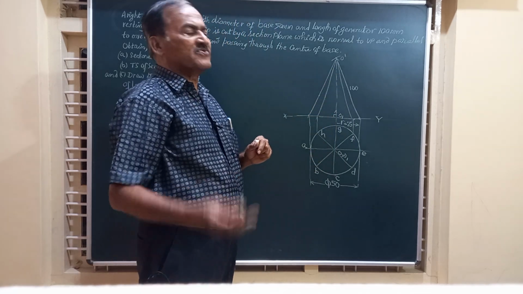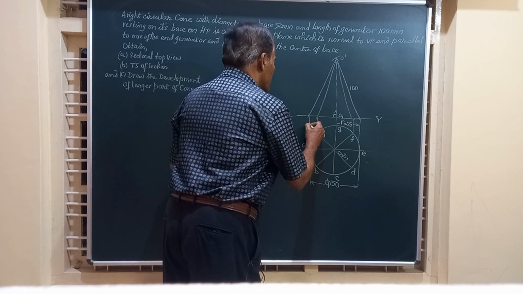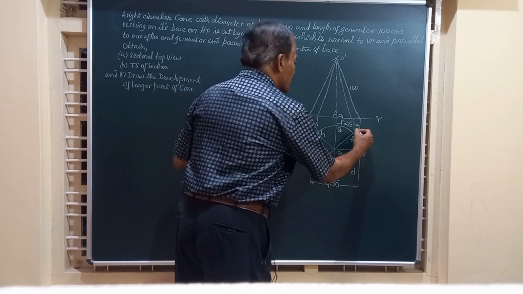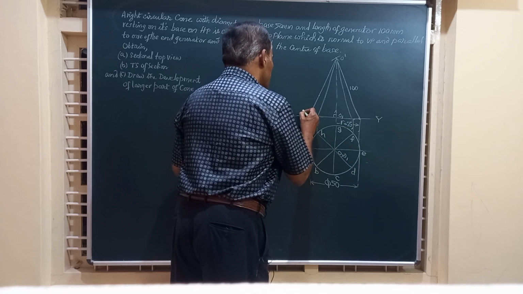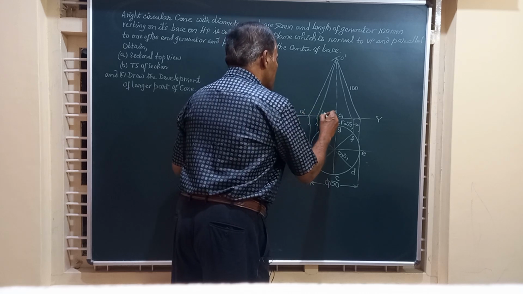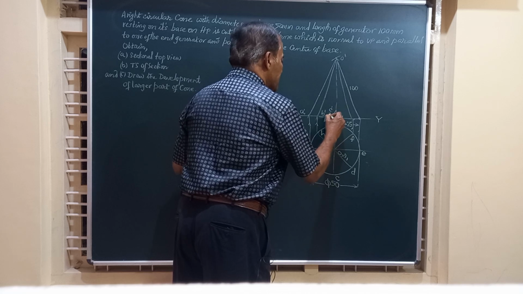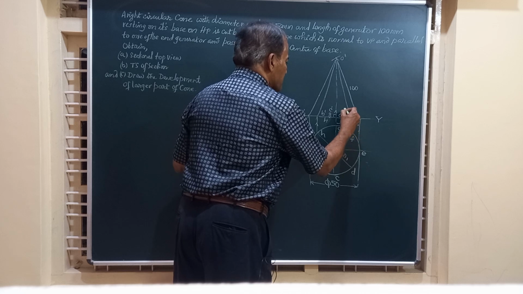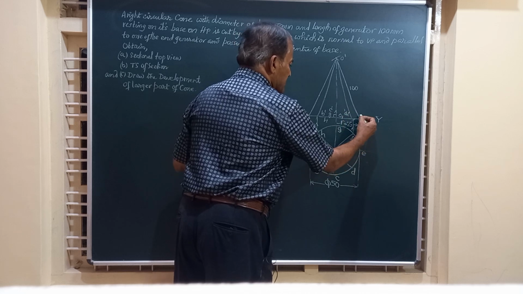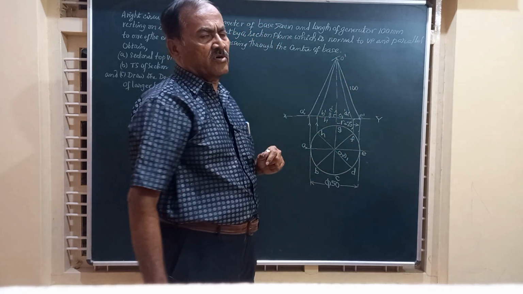Now let us transfer all these points, that is A, B, C, D, etc. to the front view and just mark like this. A is here. So this is A dash, B dash, H dash, C dash, G dash, D dash, F dash, and this point is E dash, the last one. So these are all the 8 generators we have got.